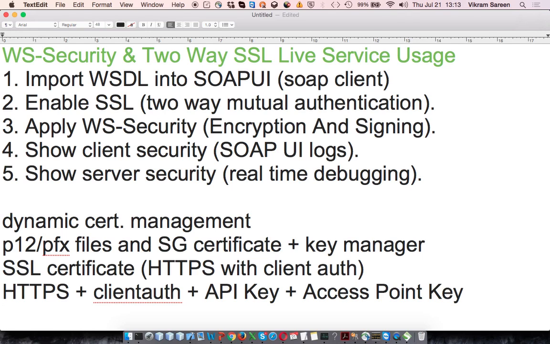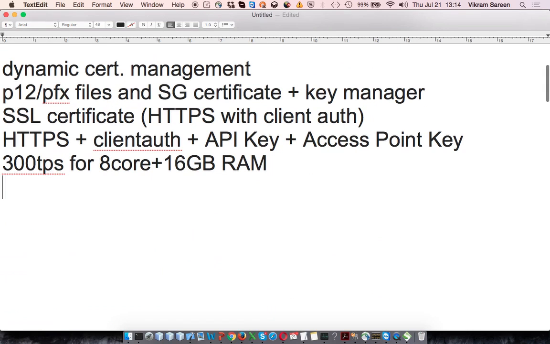We can actually achieve about 300 TPS for an 8 core processor, with about 16 GB RAM. So it's not a real burden in terms of offering this level of security, but from a hacking or identity theft standpoint, that's definitely reduced to zero.